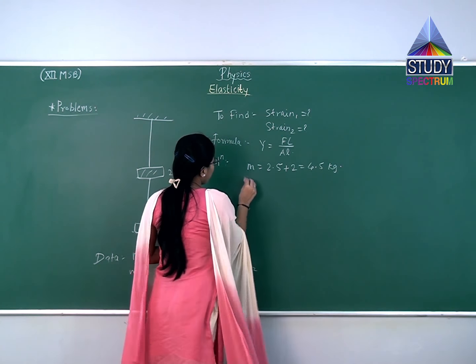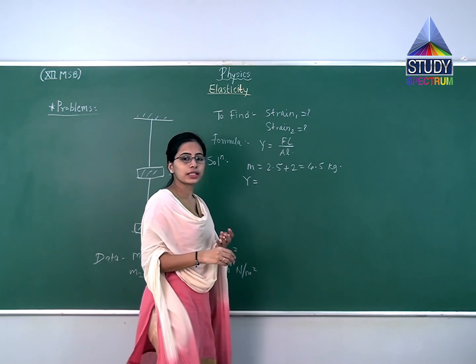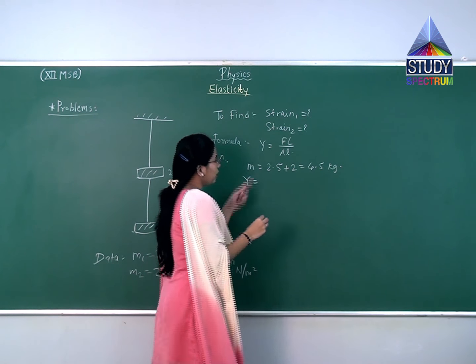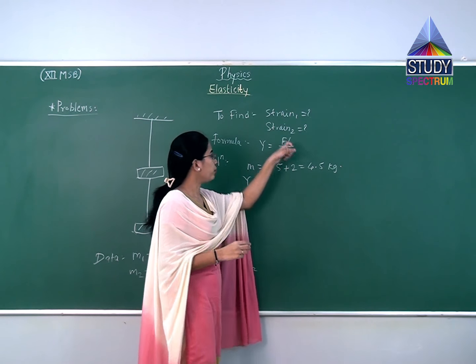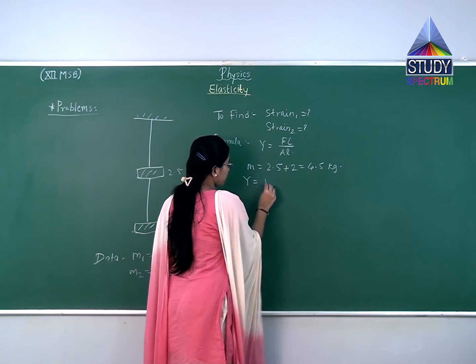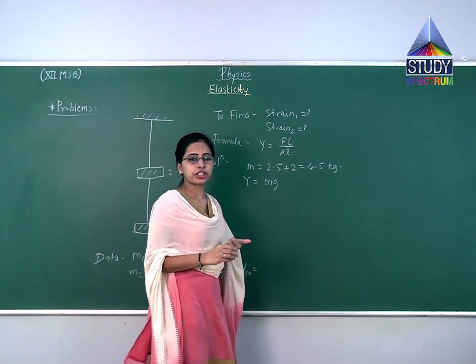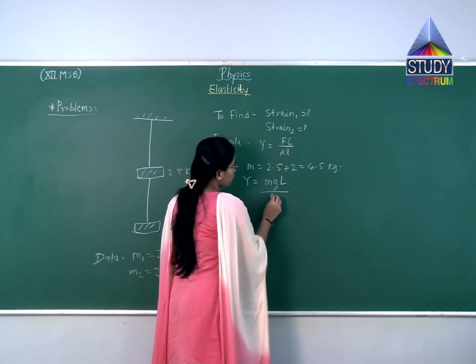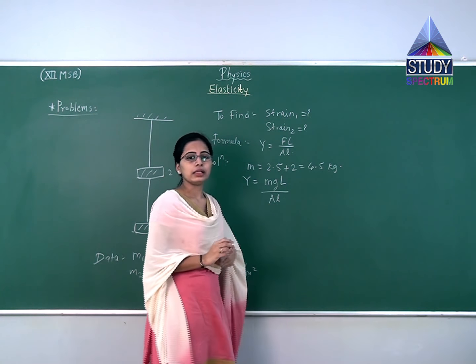So for that I can find the Young's modulus. So it will be FL upon AL. Directly F is not given, so we will use that mass here. We will multiply it by g. So it will be MgL upon AL.